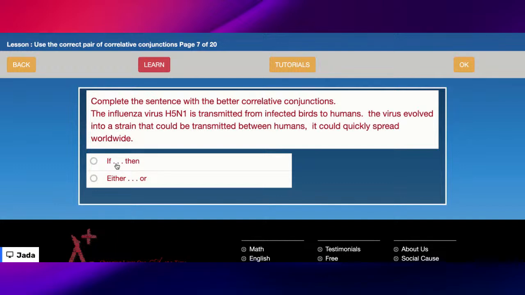Okay, this one. The influenza virus H5N1 is transmitted from infected birds to humans. Here, the virus evolved into a strain that could be transmitted between humans. It could quickly spread worldwide. So you have here, and then you have here.